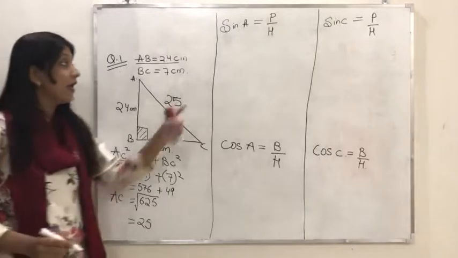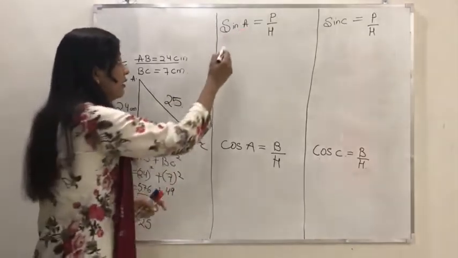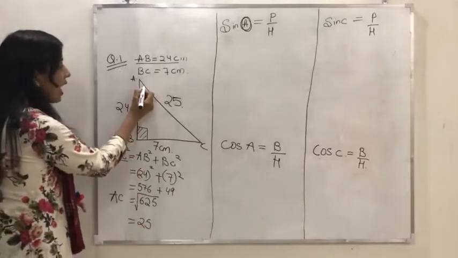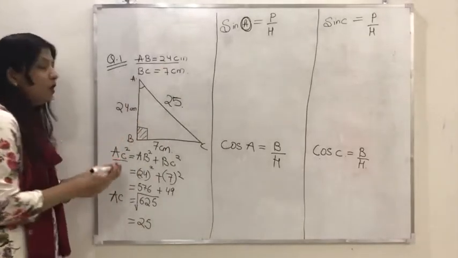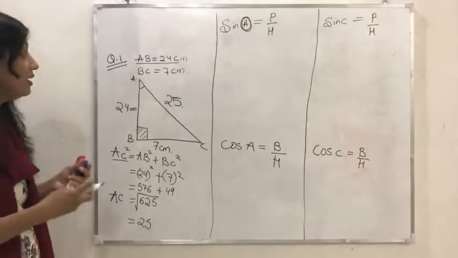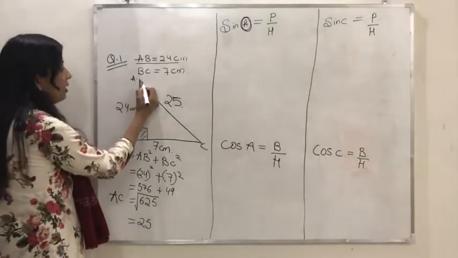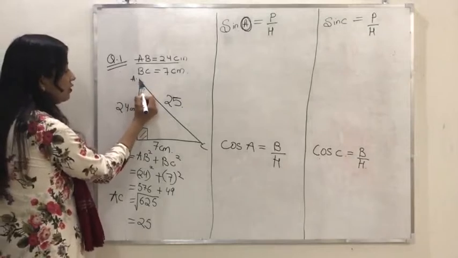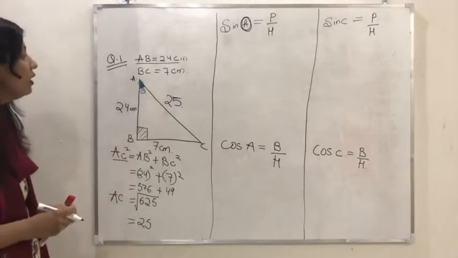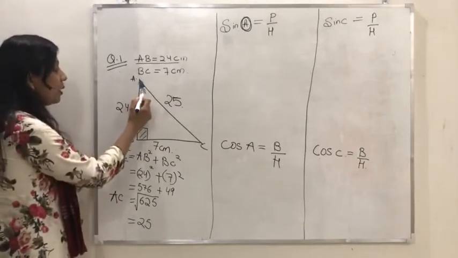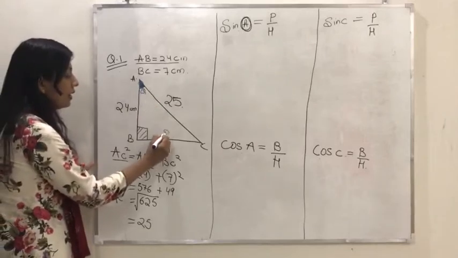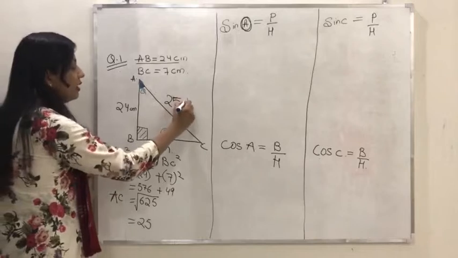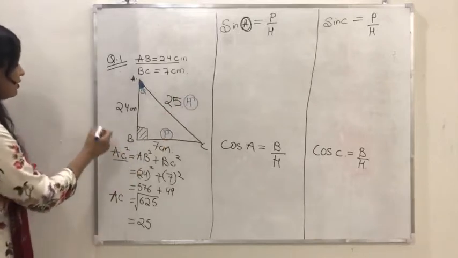Now what I want to find is sine A. If I am talking about angle A, so this is my angle A. Your angle A is your theta. So the side opposite to theta will be your perpendicular, and the side opposite to the right angle is your hypotenuse. So what is the left out side?